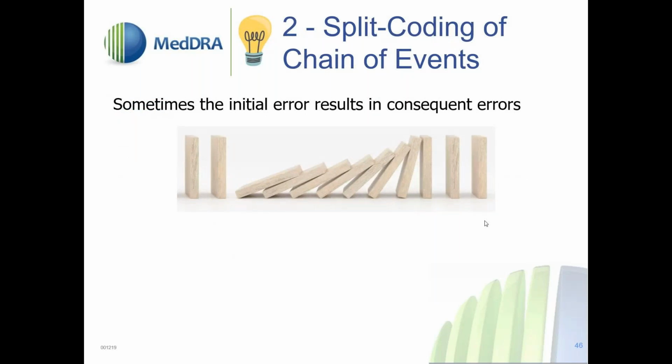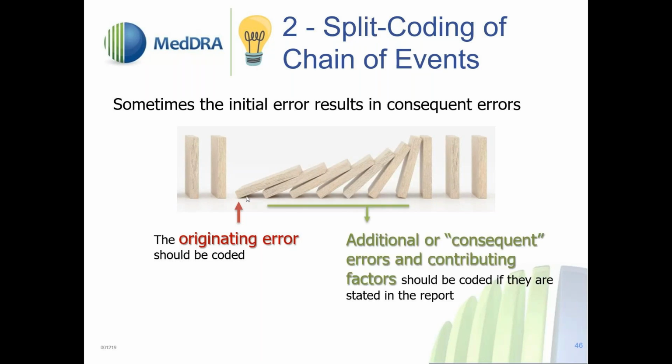Sometimes you will get a report of a chain of events where an initial error leads to additional consequent errors or even adverse events in the patient. Then code the initial error, the originating error, as the priority. And all consequent errors in the medication use process and adverse events have to be coded in addition as reported.